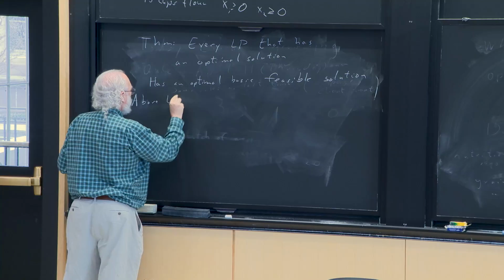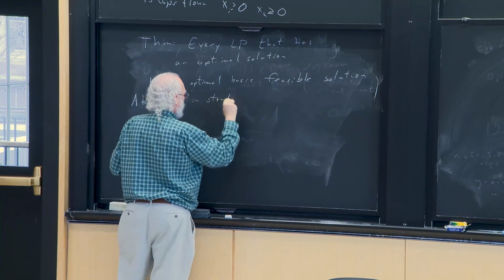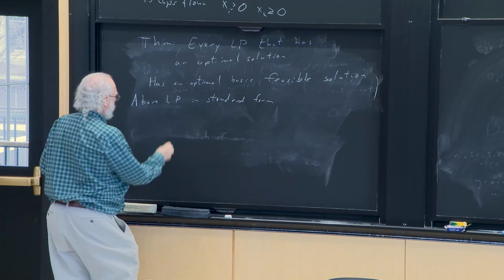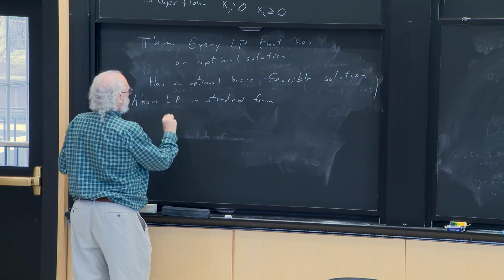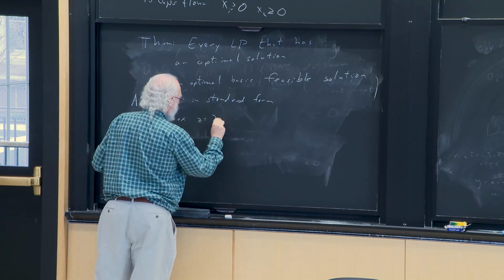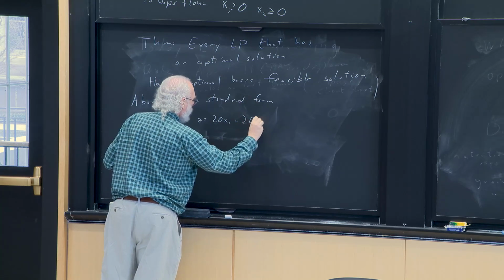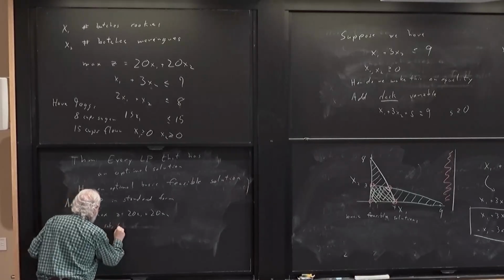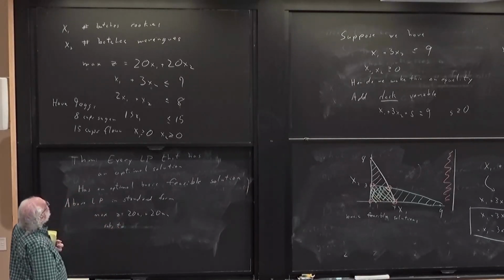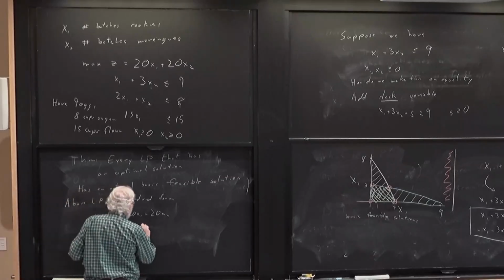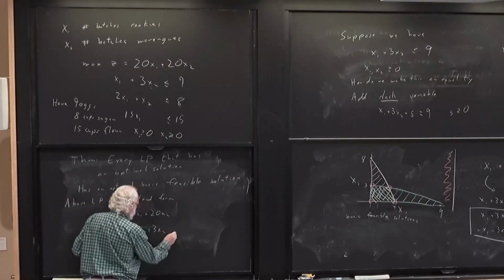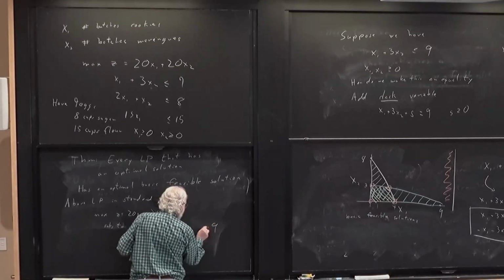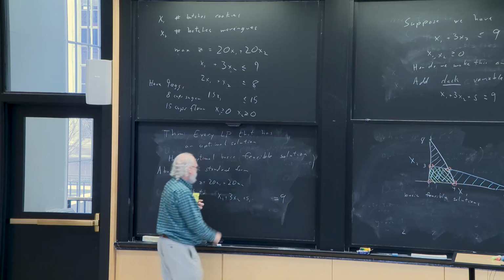The above LP in standard form is: maximize z equals 20x1 plus 20x2 subject to x1 plus 3x2 plus s1, which is our slack variable.